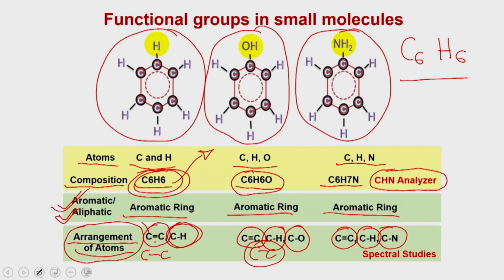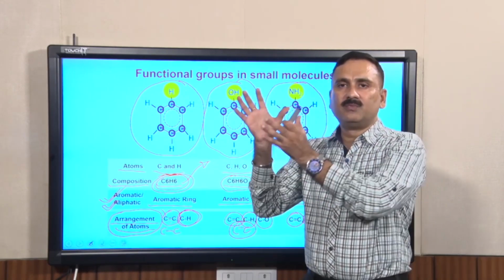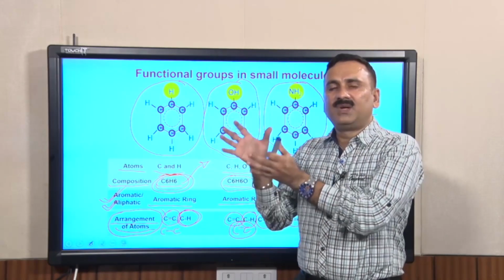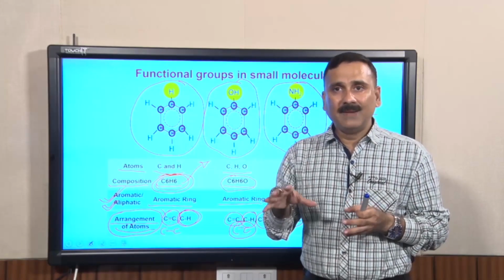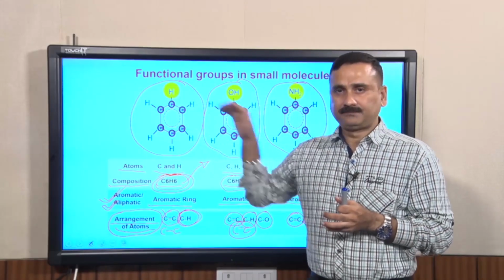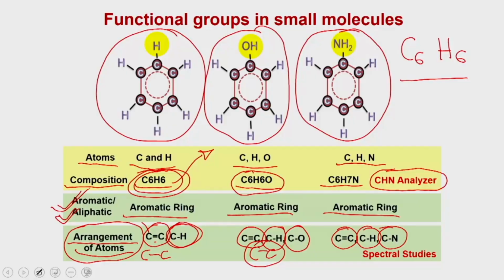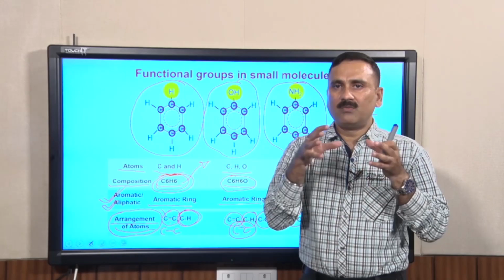Then the third is, once you know the arrangement of atoms, you can predict with 99% probability that the molecule I have isolated from the cell is actually benzene. But apart from that, for the arrangement of the atoms, we can do a different series of spectral studies, and that will give you the information about the presence of functional groups in your molecules.